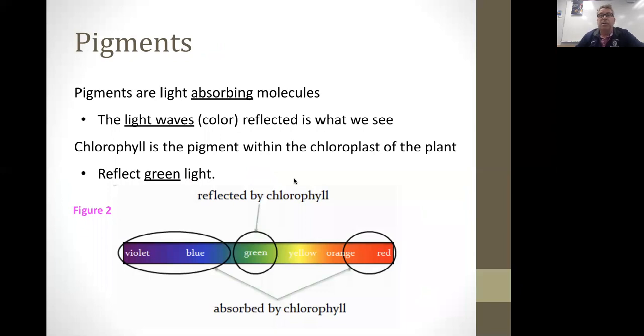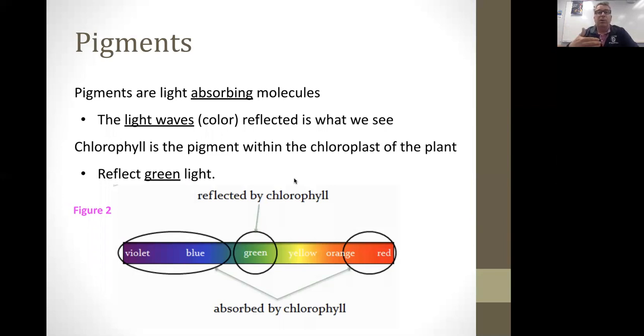Now, pigments are light absorbing molecules. And if you're a painter, you talk a lot about pigments and different types of shades of pigments. So the white light that comes from the sun contains all colors, right? So, if you see it refracted as a rainbow, you can see all the colors.